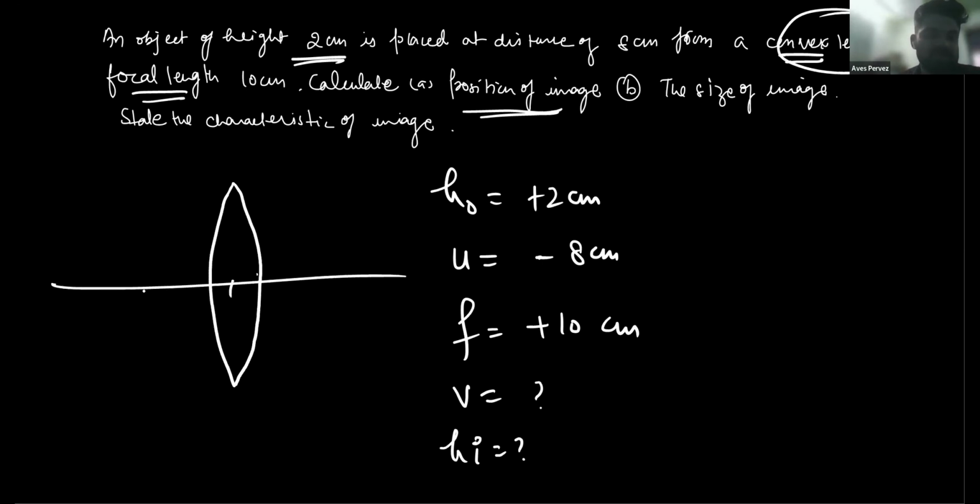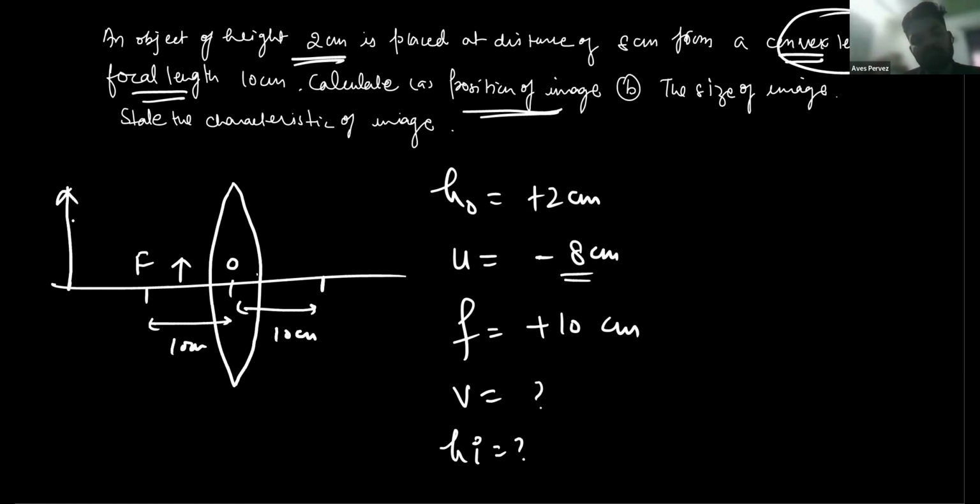So actually, this length is 10 centimeter because this distance is also 10 centimeter, and the lens has two focal lengths. The object is placed here, so it is present between pole and optical center. The image will be found on the same side as the object.